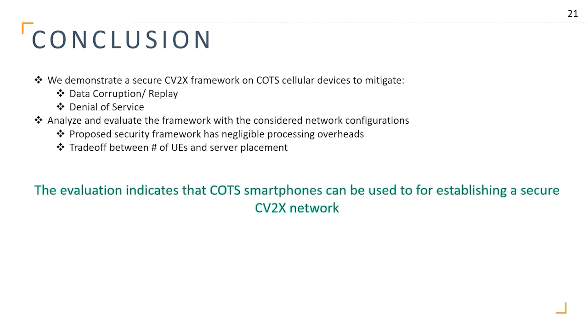The results indicate that a secure CV2X framework can be adopted using commercial off-the-shelf smartphones, thereby eliminating the need for dedicated CV2X modules. We do have some limitations, which we discuss further in the paper, together with additional future avenues in research.